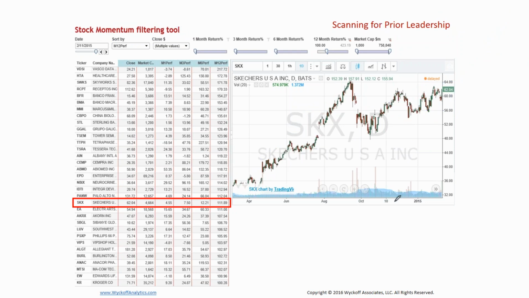So how to identify that type of outperformance? Well, basically what I'm saying here is, in the last 12 months, give me all of the stocks that are giving me more than 100% return, and I want to look at all of them.